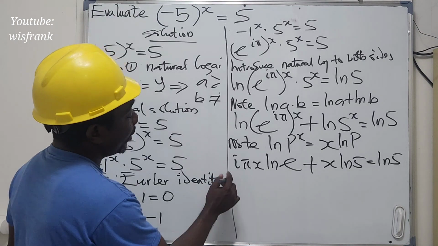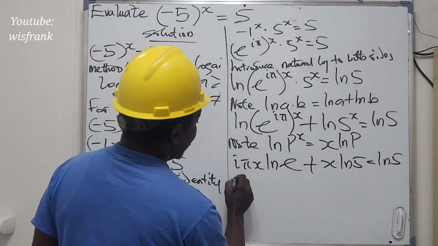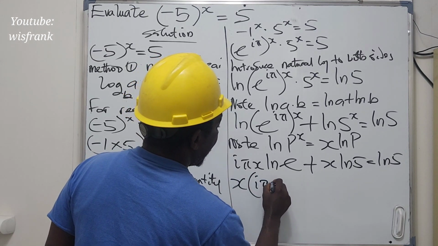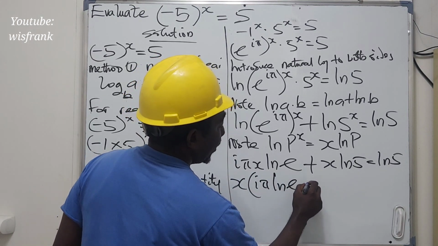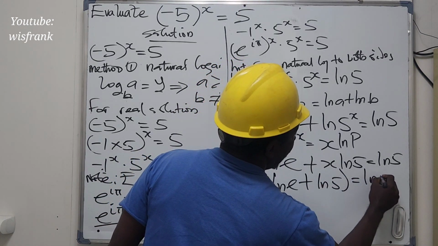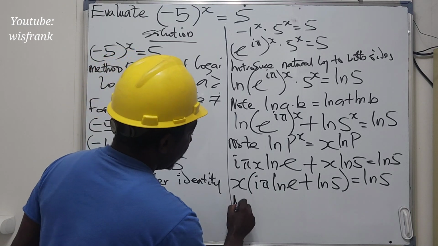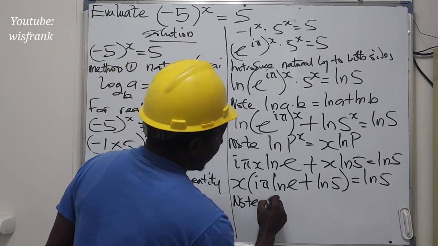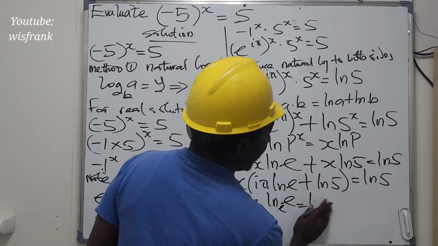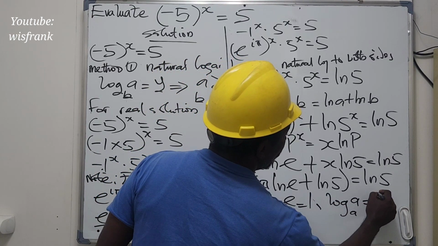We can further simplify this, as we have x here and we have x here. They are common, so we can factor it out. This becomes x times (i pi ln of e plus ln of 5) equals ln of 5. We recall that ln of e base e equals 1, or log base a of a equals 1.